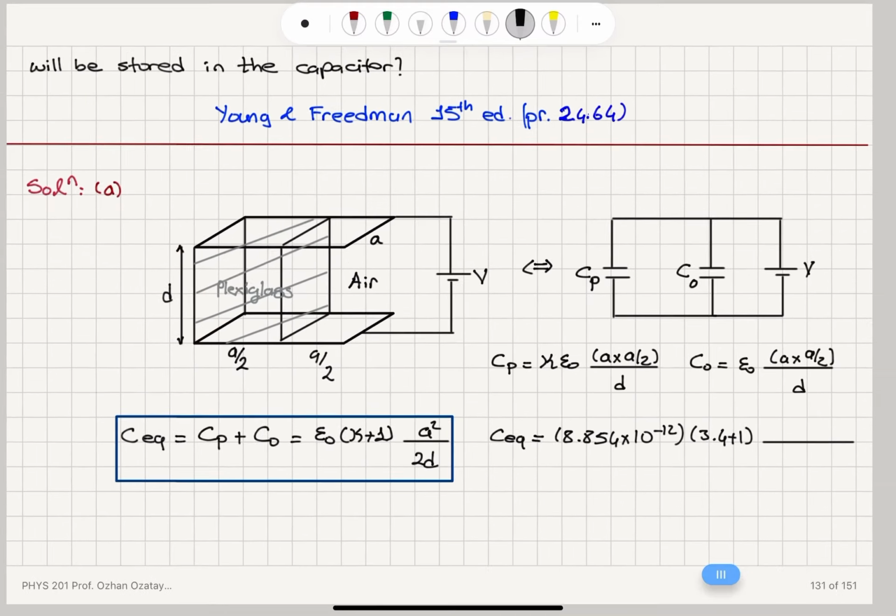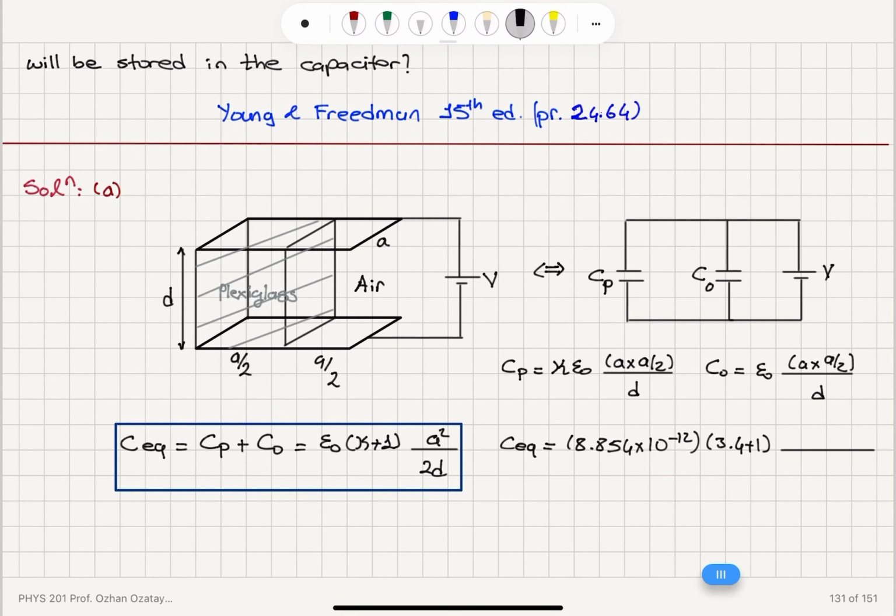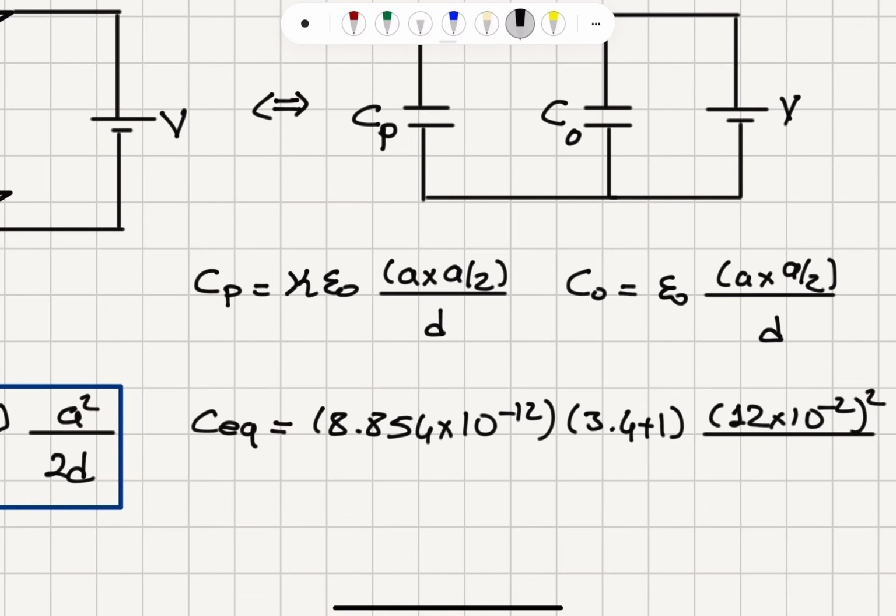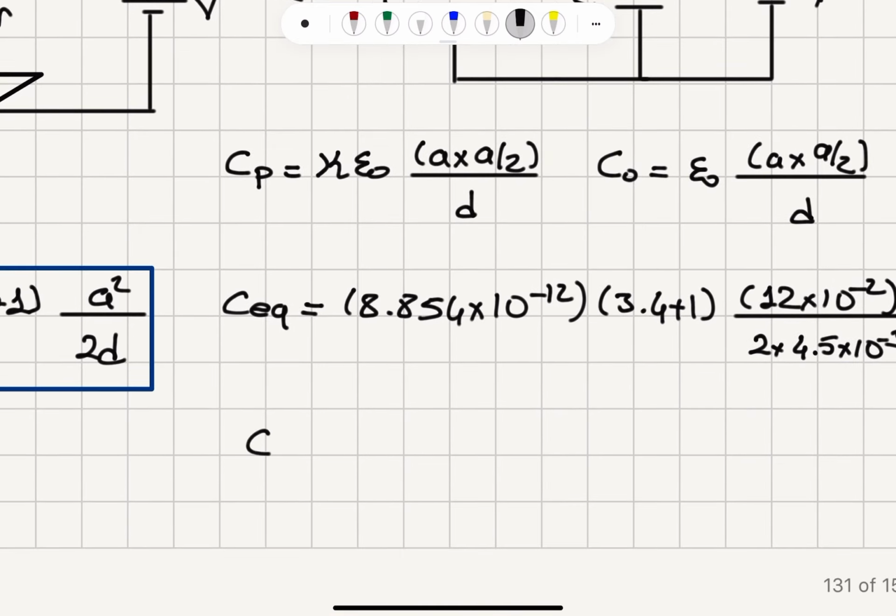What was A? A was 12 centimeters, so 12 times 10 to minus 2 squared, divided by 2 times 4.5 millimeters, 4.5 times 10 to minus 3. So this gives us the equivalent capacitance as 62.3 picofarads. So it's 10 to minus 12.